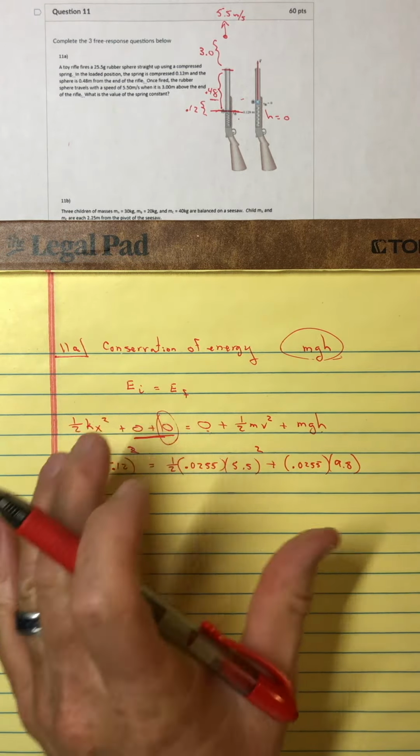You don't have to call h equal to 0 where I'm going to call it, but you got to call it somewhere. And then you have to measure everything from that height for the rest of the problem. And so in my case, I called the loaded position 0. So this would go up 0.48 and then another 3 meters. So this must be 3.48 for the height.